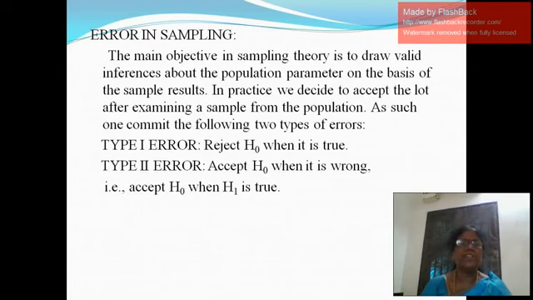The first type of error is rejecting H0 when it is true. Where H0 is true but we are rejecting it, that error is known as type 1 error. We are accepting H0 when it is wrong, H0 is wrong but we are accepting, that is known as type 2 error. Accept H0 when H1 is true, that is also the type 2 error.